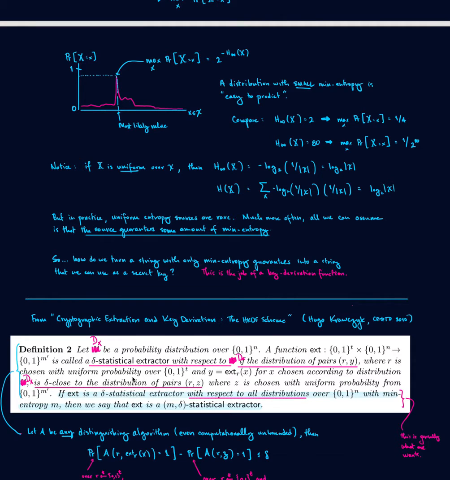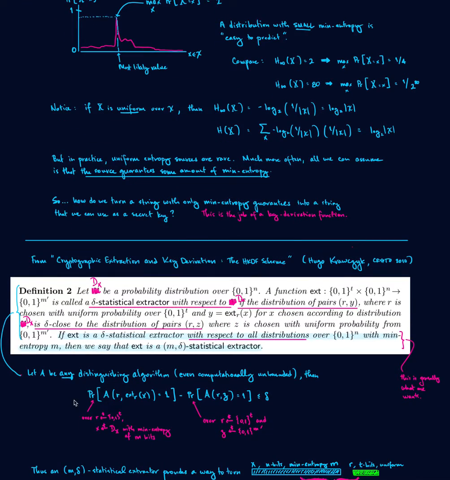And we say that the extractor is delta statistical with respect to that distribution if no distinguishing test, even computationally unbounded ones, can distinguish between these two possibilities with probability better than delta. So here, I've pulled out this section, let me try to say this again. Let A be any distinguishing algorithm, even a computationally unbounded one.